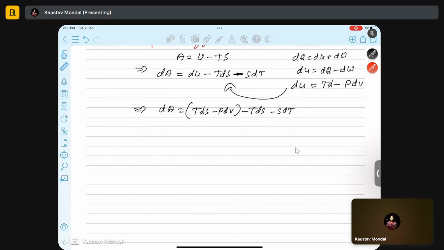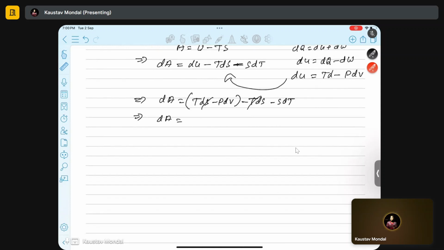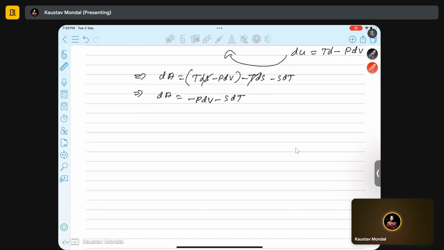So TdS simply cancels, and dA becomes minus PdV minus SdT. This is the expression of dA. Now from here we can write the pressure in terms of the Helmholtz free energy: P equal to minus dA by dV at constant temperature.